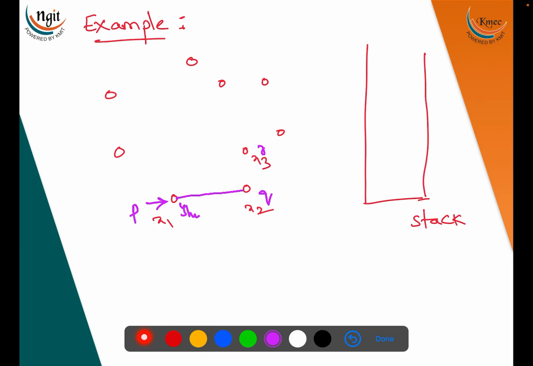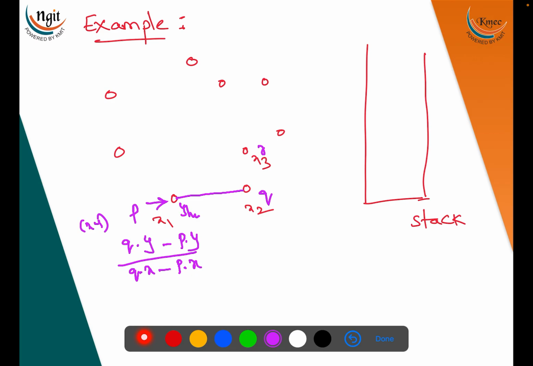That means the slope is Q.y minus P.y divided by Q.x minus P.x, where x, y correspond to the x comma y point.